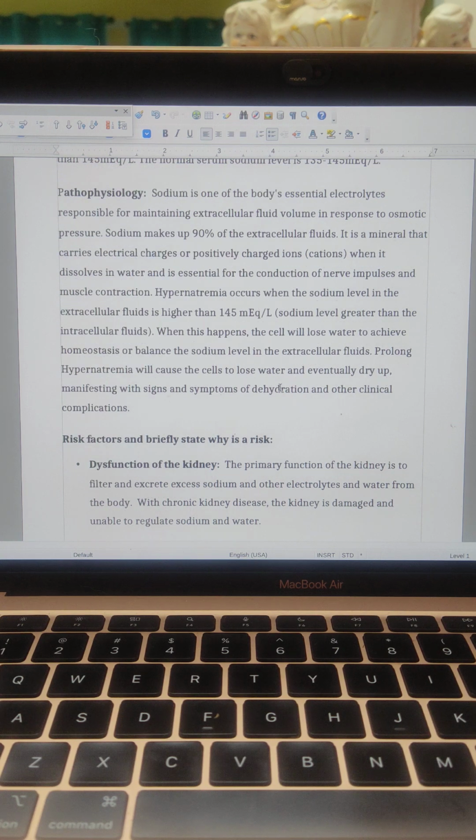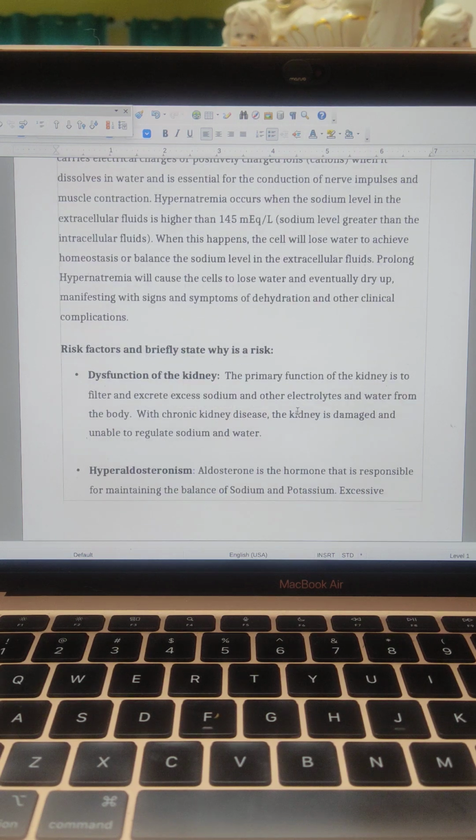So prolonged hypernatremia will cause the cell to lose water and eventually dry up, which can be manifested with signs and symptoms of dehydration and other clinical complications.